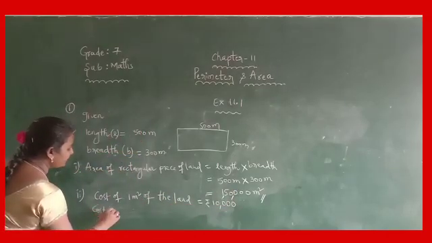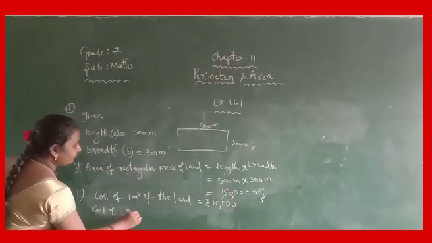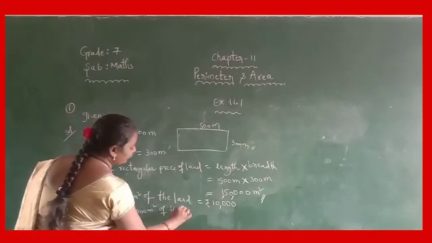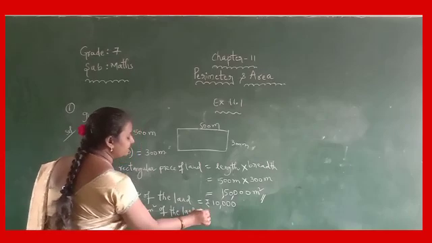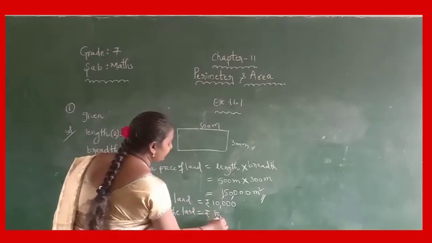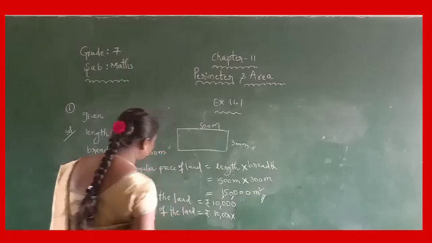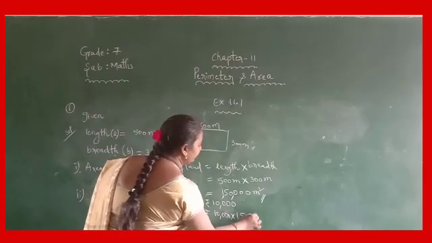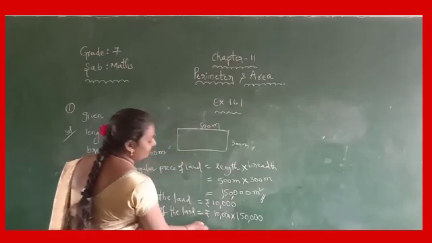Then the cost of 1,50,000 meters square of the land. Square of the land means multiply. So that is 10,000 into 1,50,000 rupees. Right.